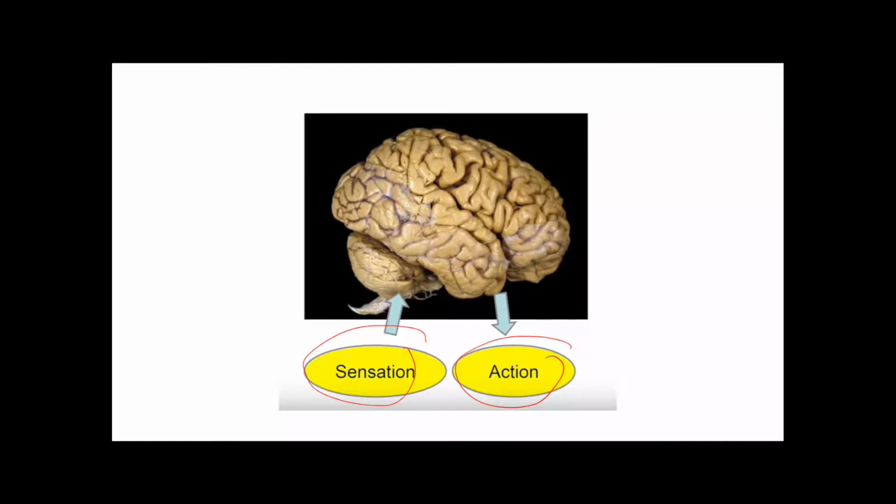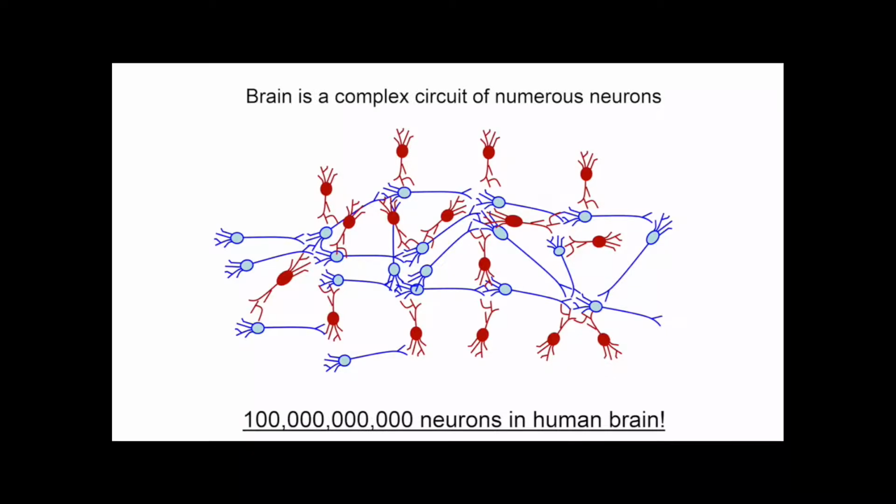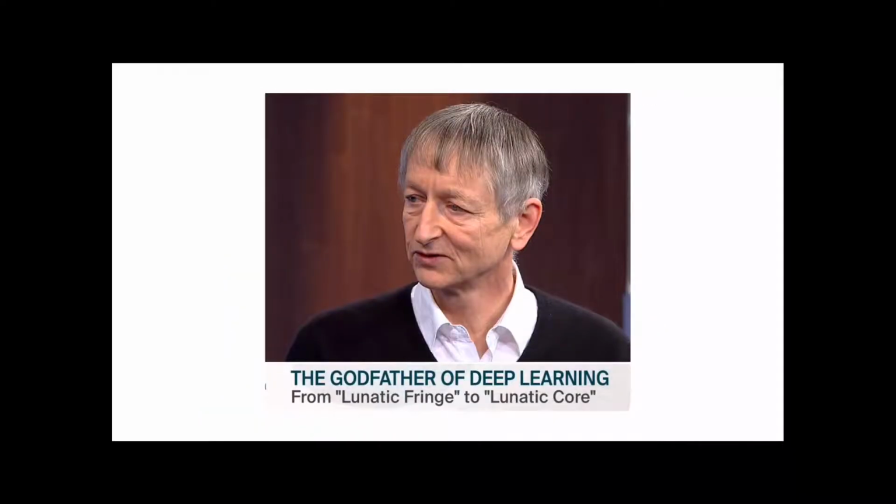And all this is computed, of course, here in the cortex. And here's a sketch of a neuronal network. You can see the different neurons connecting with each other, and you have about 100 billion of these neurons in your brain, each of which can have 10,000 connections. So you're looking at trillions of connections in the brain.